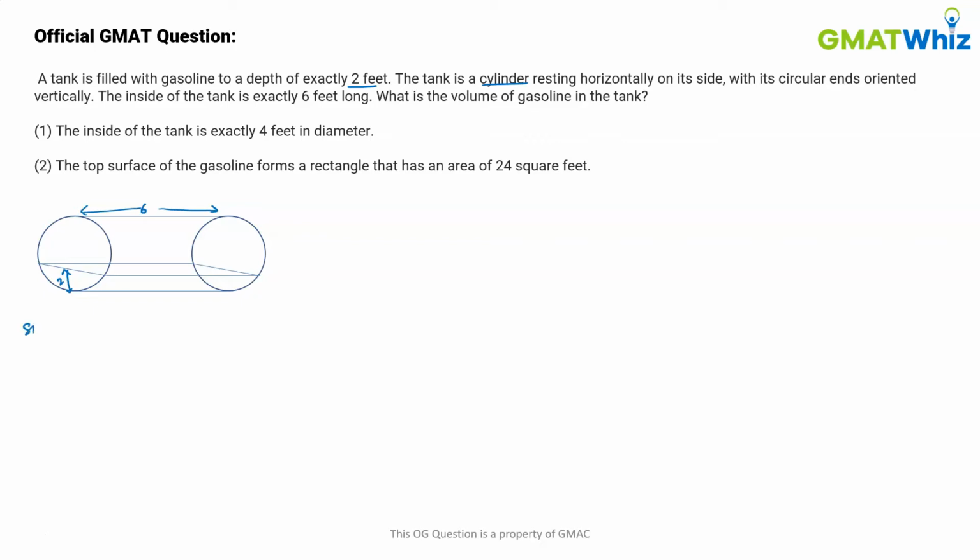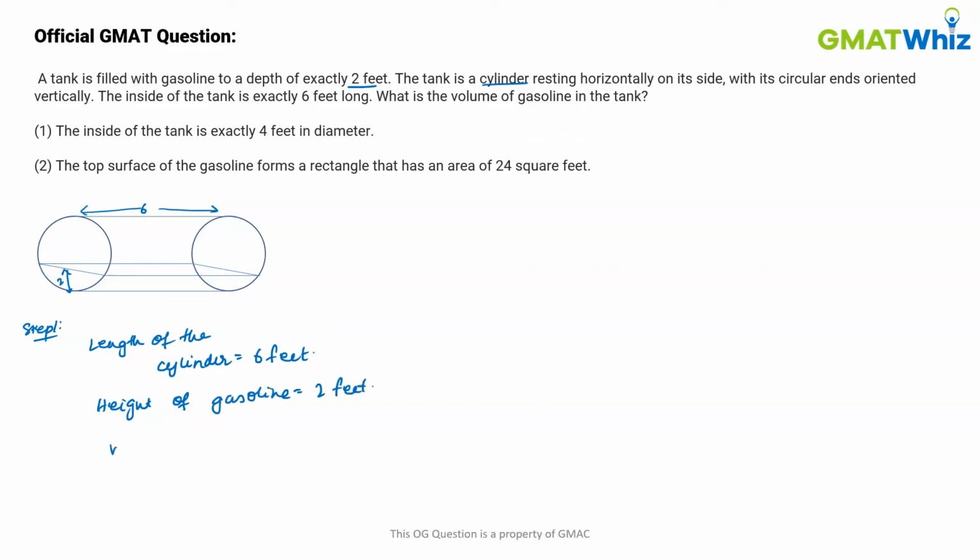Okay, so step 1, let's just write down that the height, or it's better if we use the word length here, because the height we will be referring that to for the gasoline. So length of the cylinder is equal to 6 feet and the height of gasoline, this is given to be 2 feet.